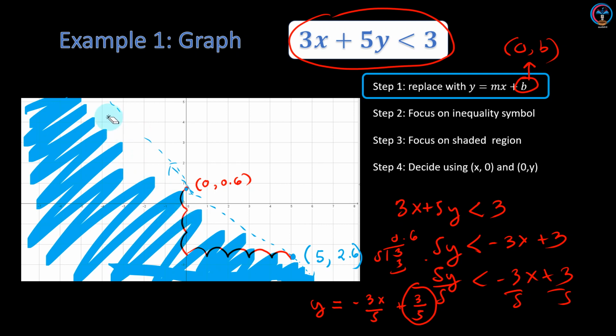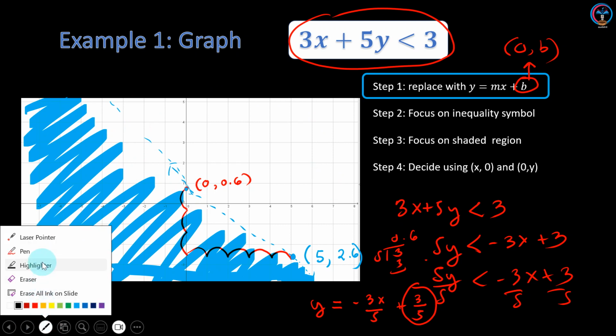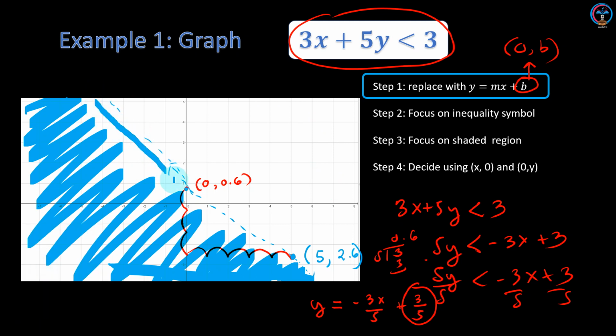This is the idea. This is what was done. This is the answer. So we will have a shading.